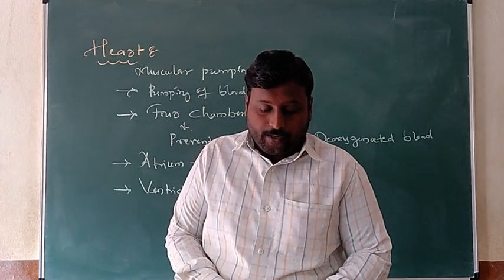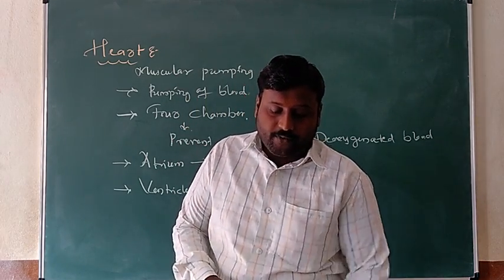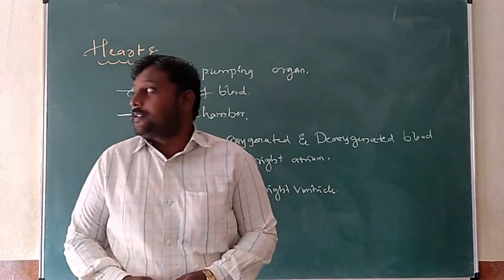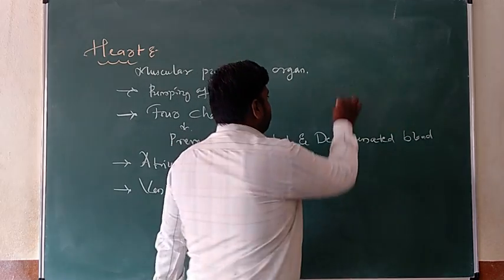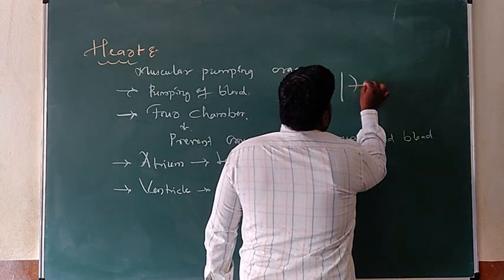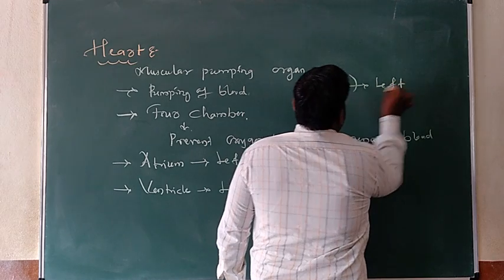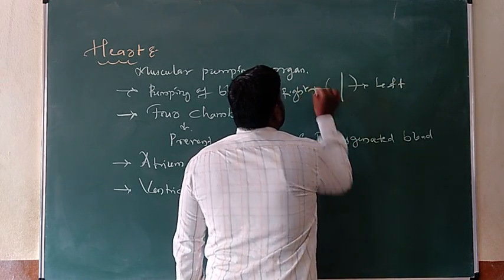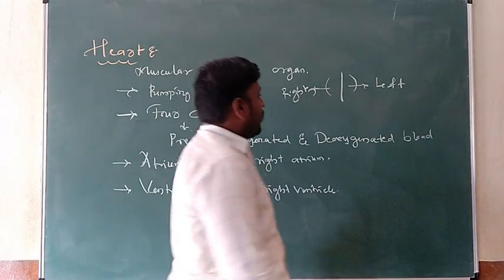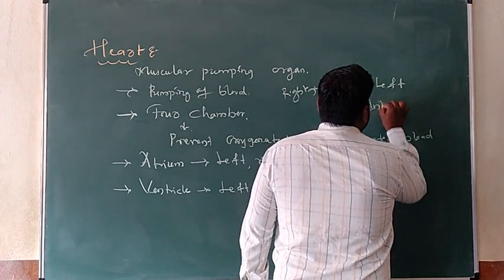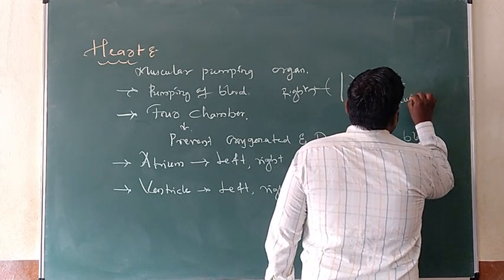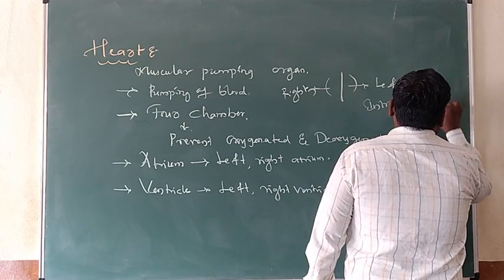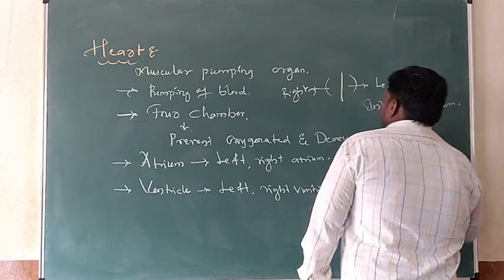There are two atria, left and right, separated by the intra-auricular septum.